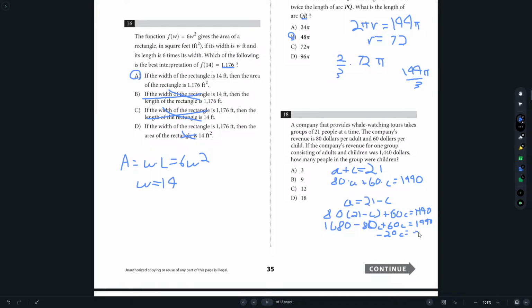It's negative 240. And C is equal to 12. There were 12 children. To verify this, let's multiply it out. 12 times 60 is 720. That means there were 9 adults, so it would be 80 times 9, which is another 720. So indeed, there are 12 children.